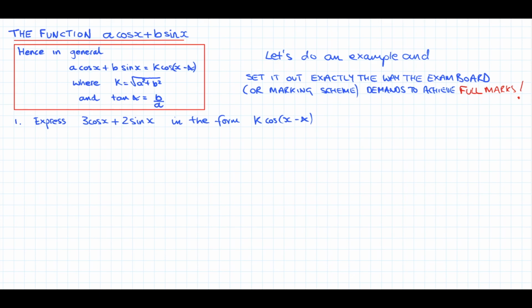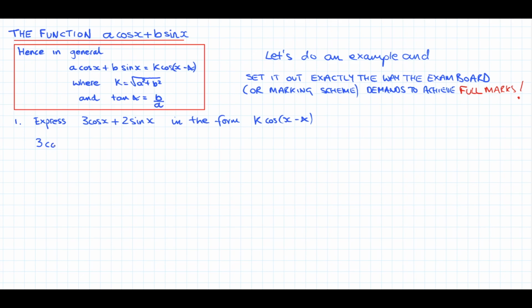Now we have here our example: express 3 cos x plus 2 sin x in the form k cos(x minus alpha). It's absolutely crucial that you do not write k equals the square root of 3 squared plus 2 squared. You will get no marks if you do that. The exam board look for you, first of all, to make them equal to one another. So let's start by doing that.